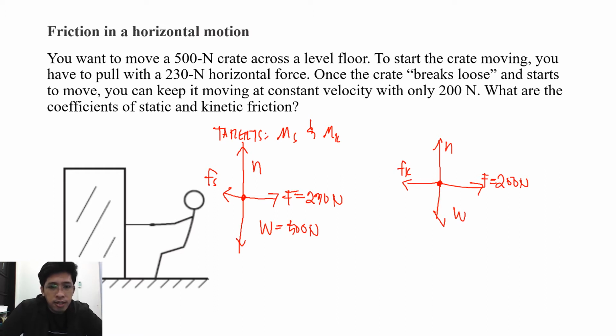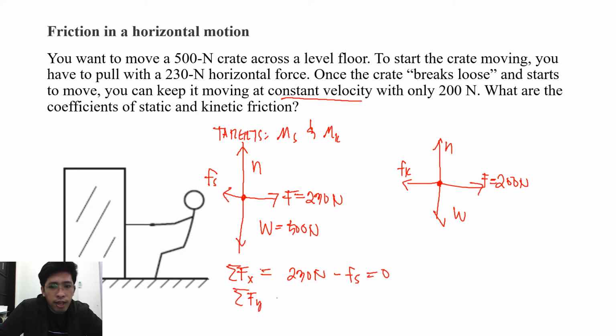Let's write an equation along the x. By the way, you have constant velocity, so that means this is an equilibrium problem. Along the x we have 230 newtons minus Fs, and this is equal to 0.